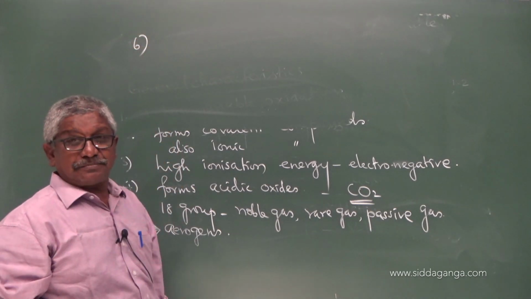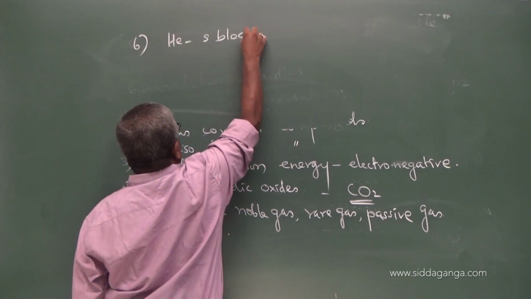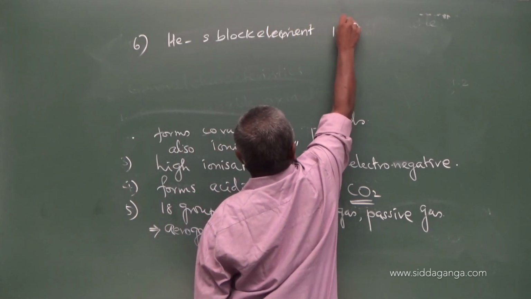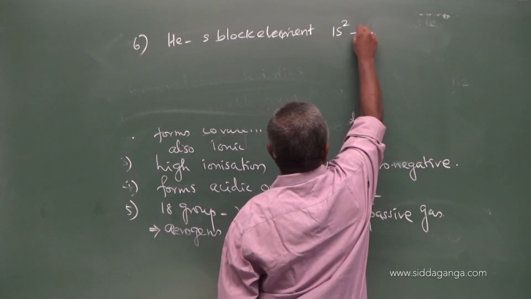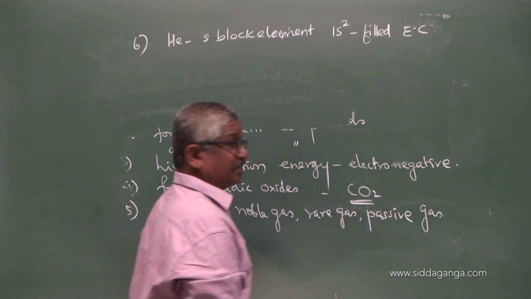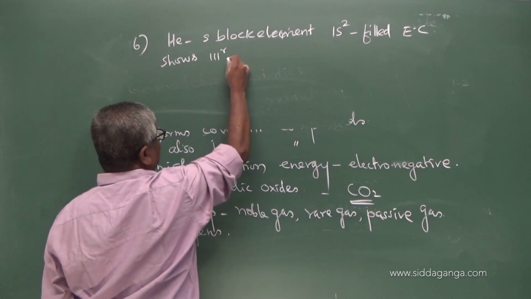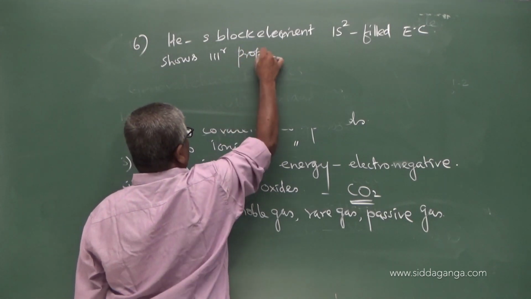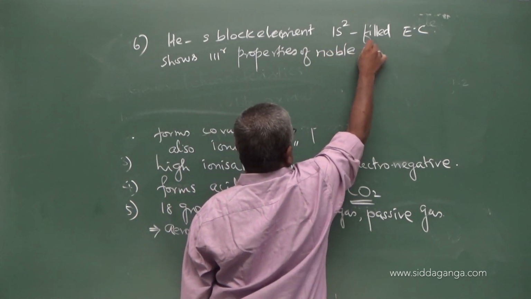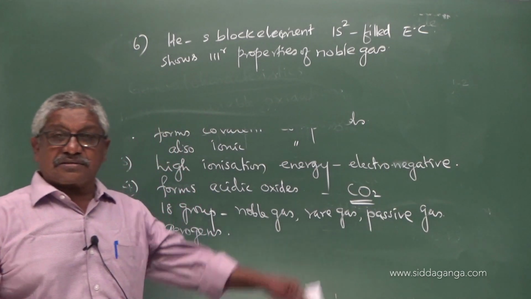In the 6th point, helium, an S block element with the electronic configuration of 1s2, with the filled electronic configuration, shows similar properties of noble gas. Helium has only 2 s electrons.